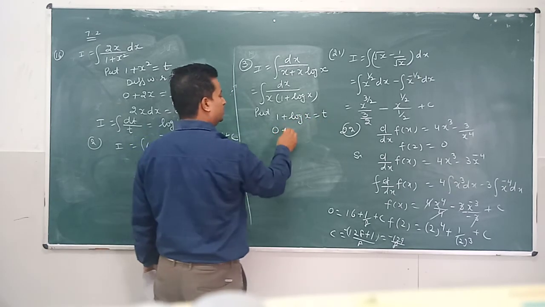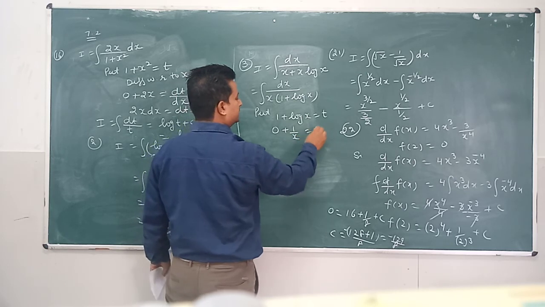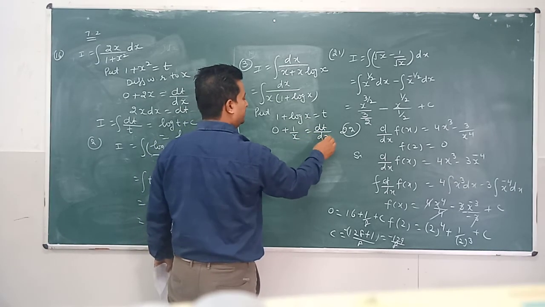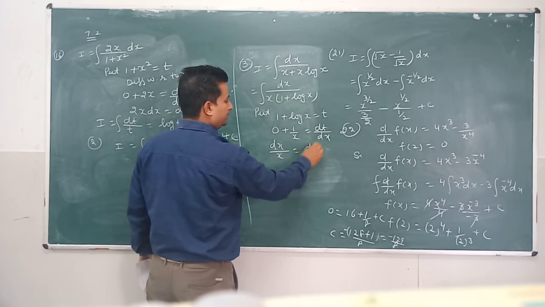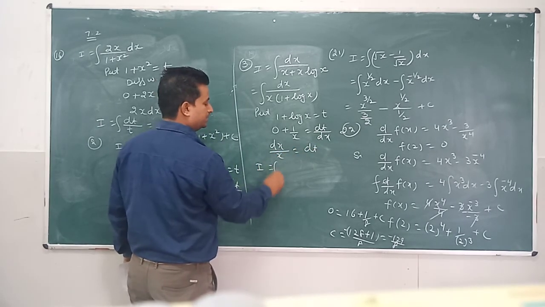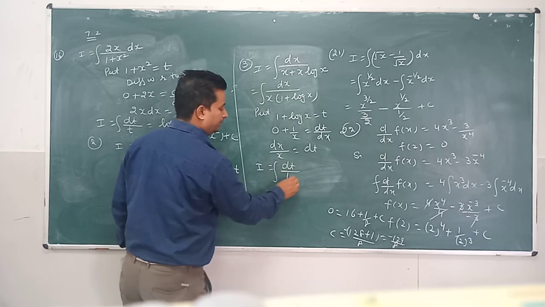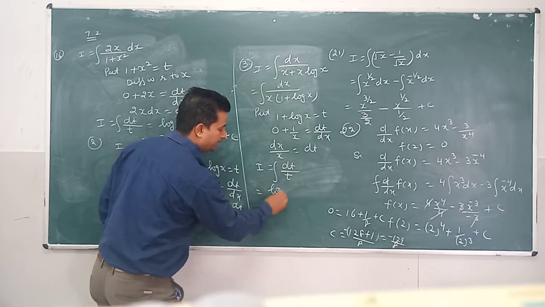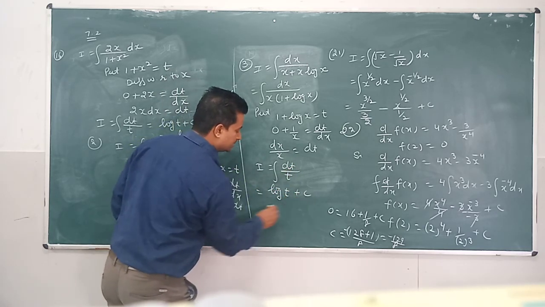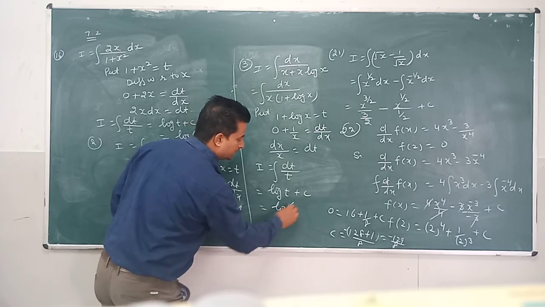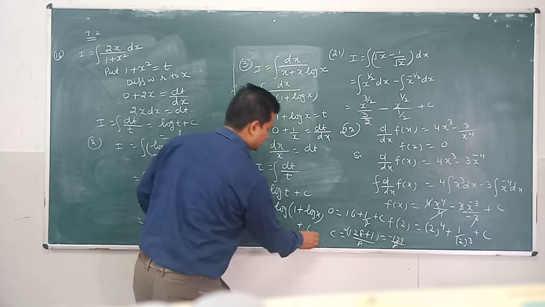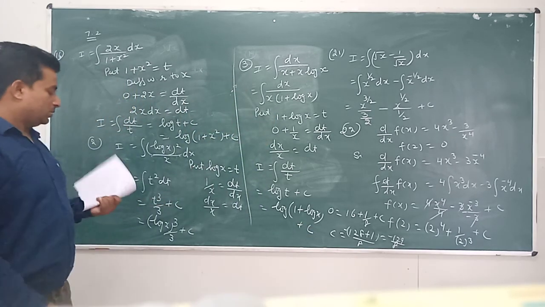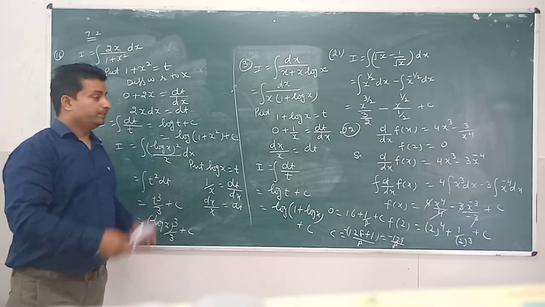So this is 0, plus 1 upon x equals dt upon dx. So dx upon x is dt. This is dt upon t. The integration of 1 by t is log t plus c. So the answer is log (1 plus log x) plus c. This is the answer of this question. Thanks.